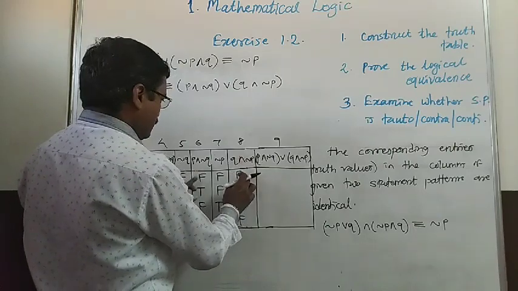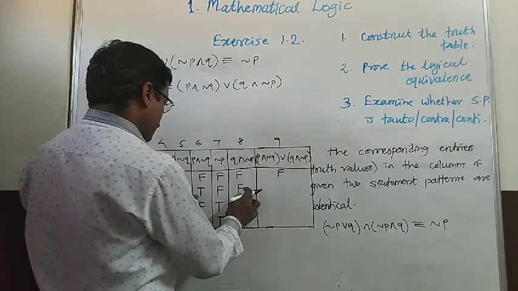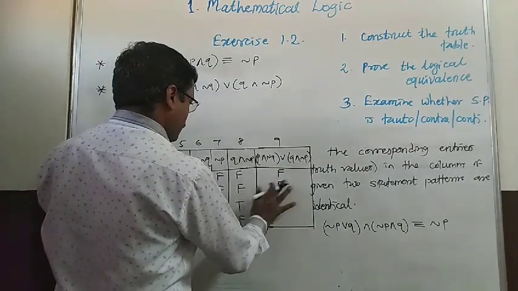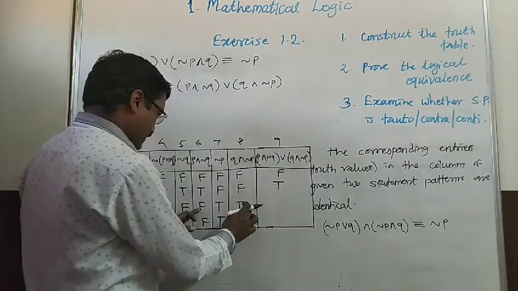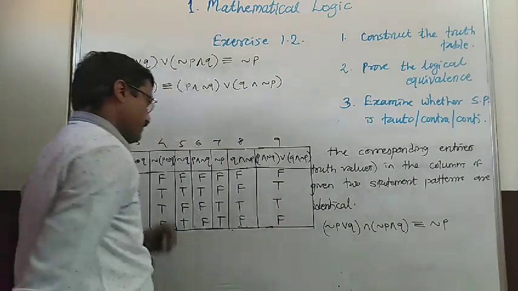So F or F, no chance, obviously F. Here T, here is T, and here is F.